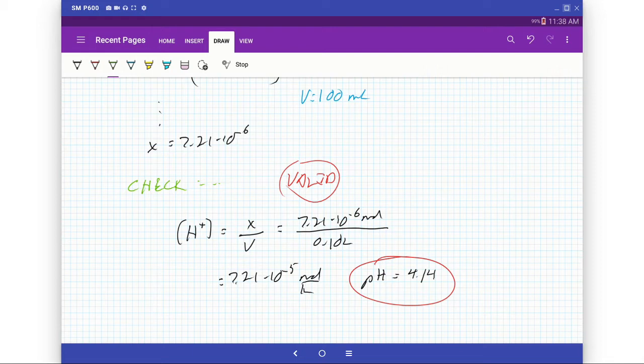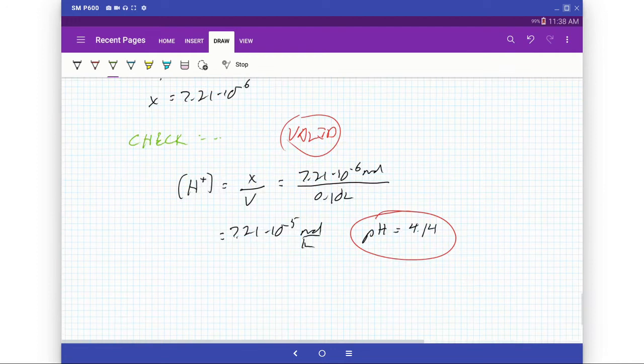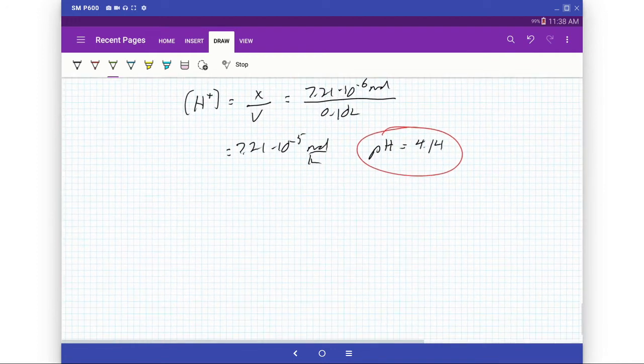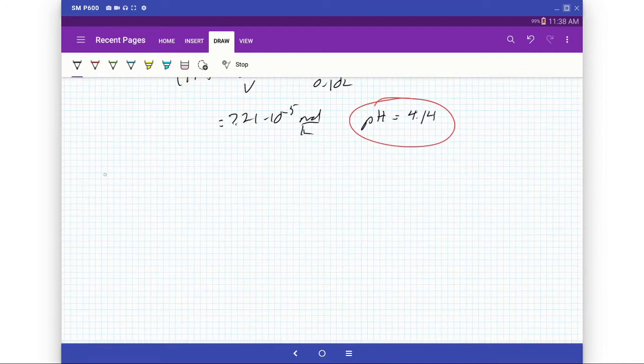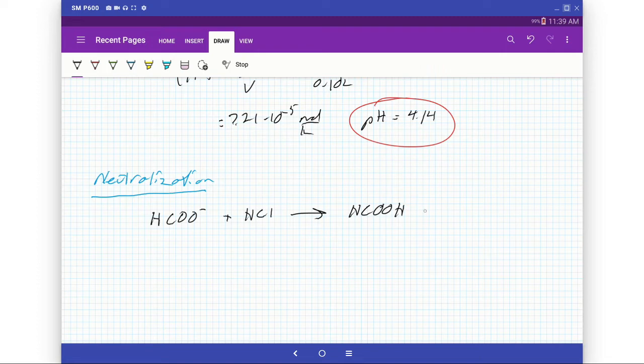What we need to do now is that last step, add some acid to this. That is going to give us a neutralization process, so we have a neutralization reaction. That neutralization reaction takes our base, since we're adding acid to it, to form formic acid plus, of course, our residual chloride.